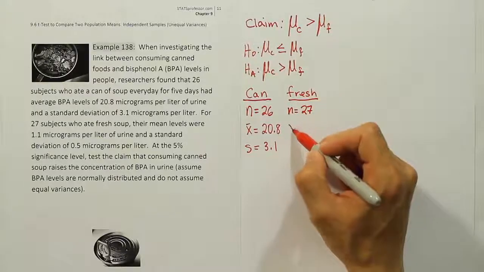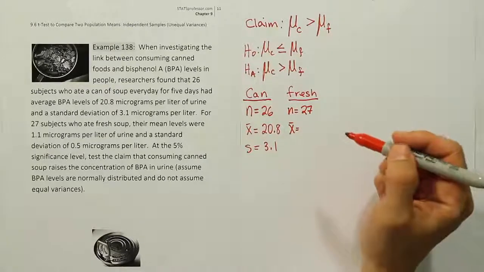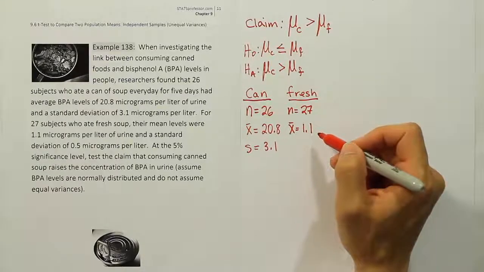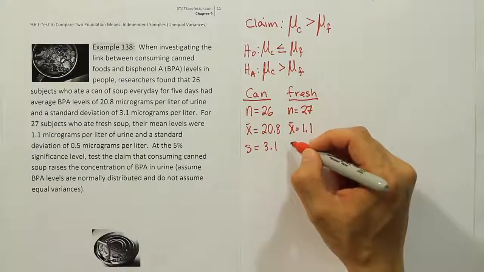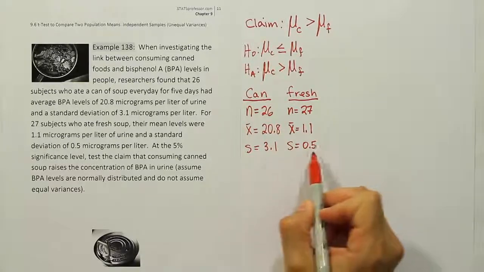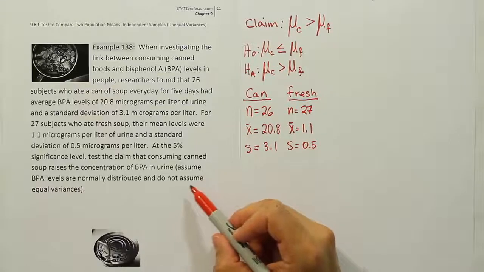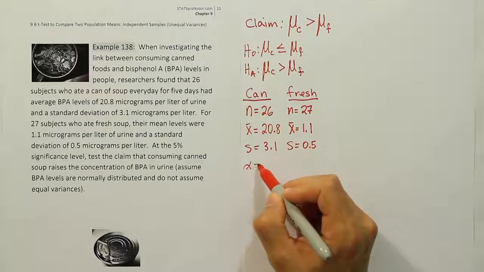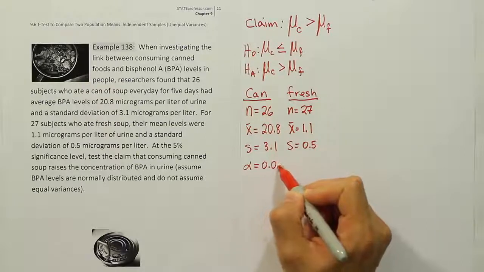The sample mean was 1.1, quite low compared to the other group, 1.1 micrograms per liter, and then we have the standard deviation being 0.5. And you can see these are quite different from one another, which is probably why they asked us to not assume equal variances. Then we have finally the alpha level in the problem, that's 0.05 or 5%.